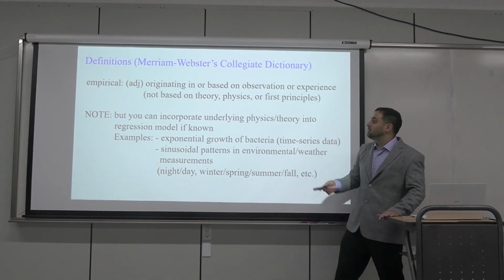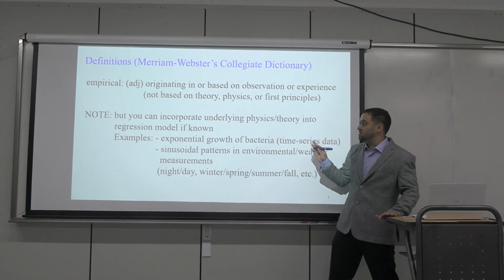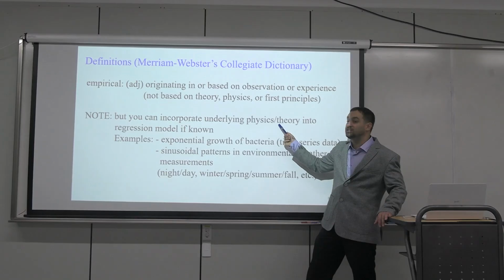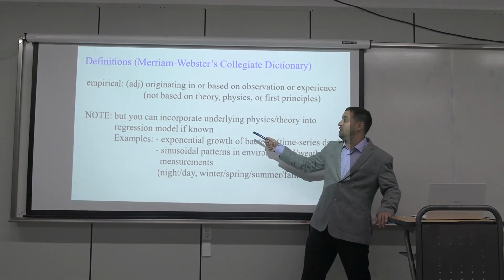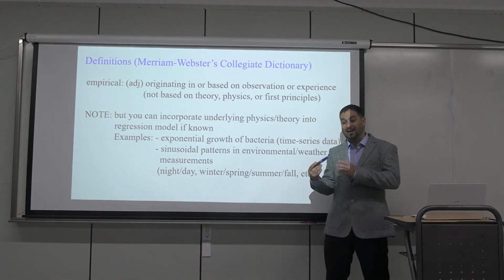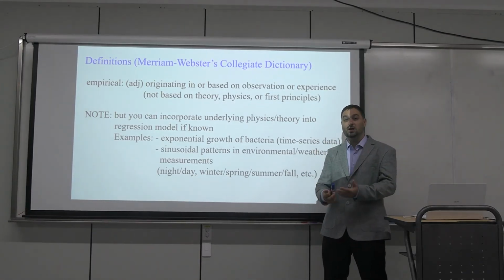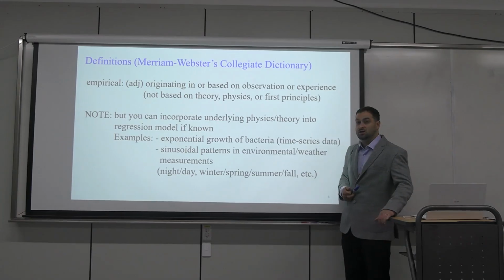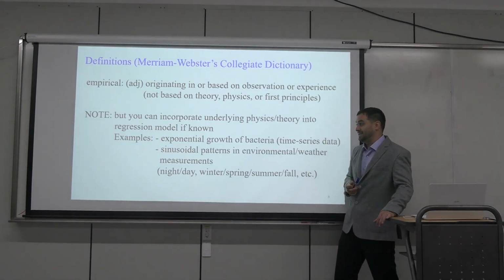But an important note is that you can incorporate the underlying physics or theory into a regression model if known. If you know something about the underlying physics of the research you're doing, you can incorporate that knowledge into regression models. Here are some common examples.